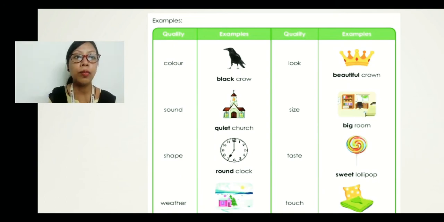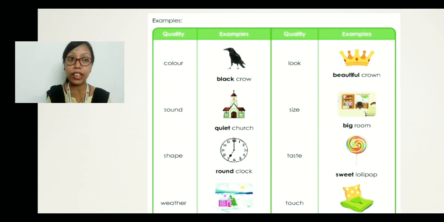Next is beautiful crown. If I say it's a beautiful crown, so beautiful is the adjective and it is the adjective of quality. And what quality is it? It is describing the look. Because by looking at the crown, I can say, oh, it is a beautiful crown. You have a dress. It's a beautiful dress.